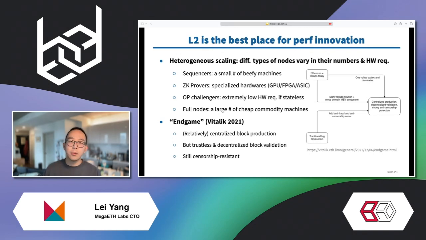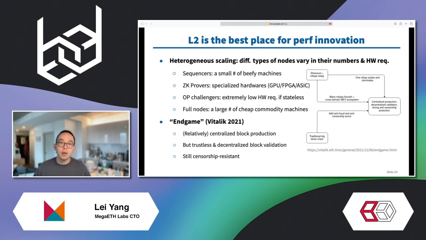Or if you're doing optimistic rollups and you design the challenger nodes to be stateless, then their hardware requirement can be extremely low. Finally, full nodes don't have to re-execute the transactions, so they can run on cheap commodity machines, and there can be hundreds of thousands of them.